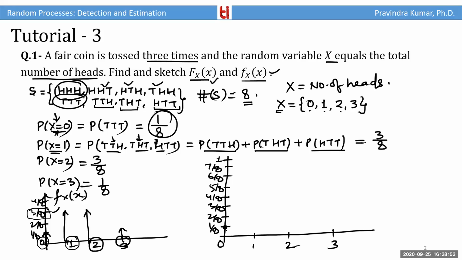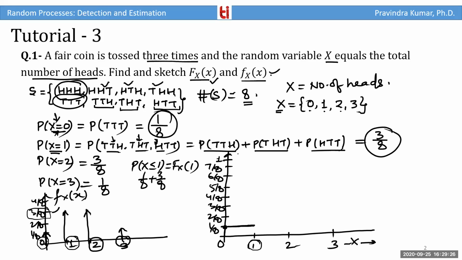And the summation of this probability will be at this point only, because this is a discrete random variable, so you can have the summation only at discrete values. Up to this point, the CDF is continuous on the right. And at 1, the probability is 3 by 8. So the summation of the probability at 0, which is 1 by 8, and at 1, which is 3 by 8, gives probability X less than or equal to 1, or you can say F_X(1).